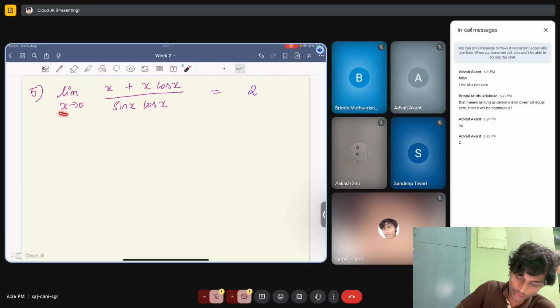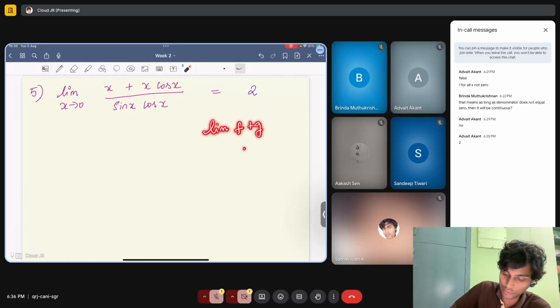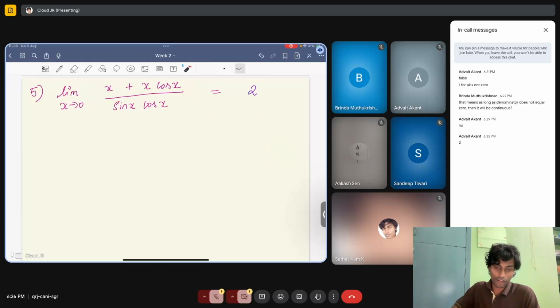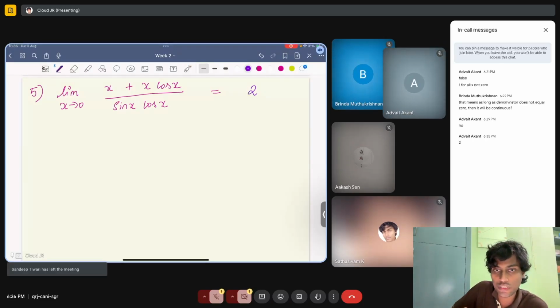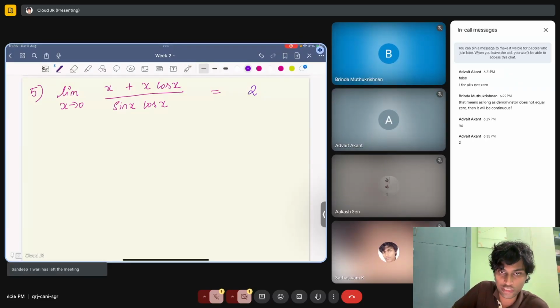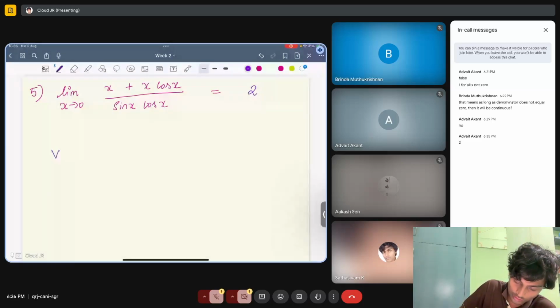You want to find the limit at x equal to 0, right? We know the limit of f plus g, and the limit of fg, so I can always write this as the limit of f plus the limit of g. Whenever I define the limit, it was defined as follows.